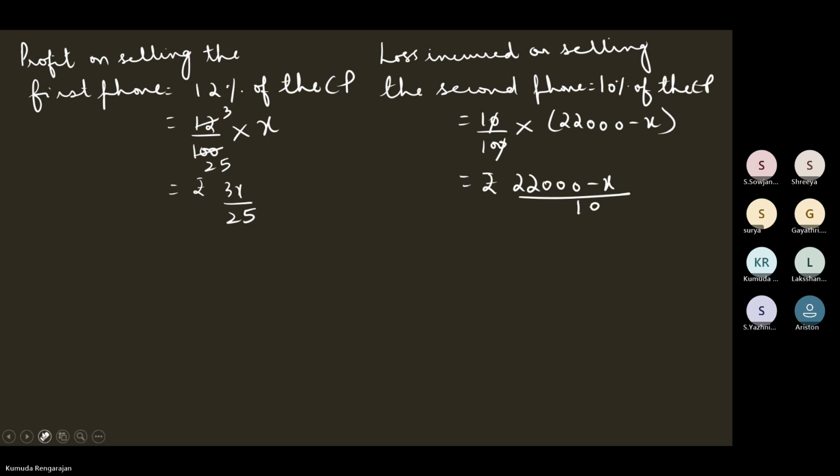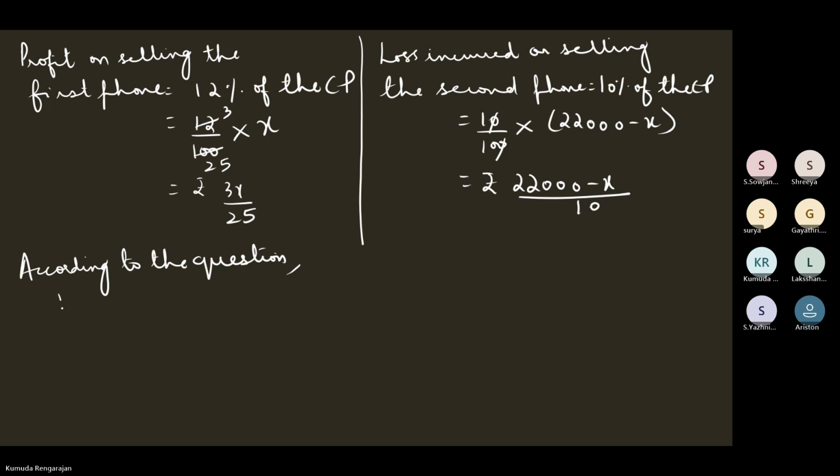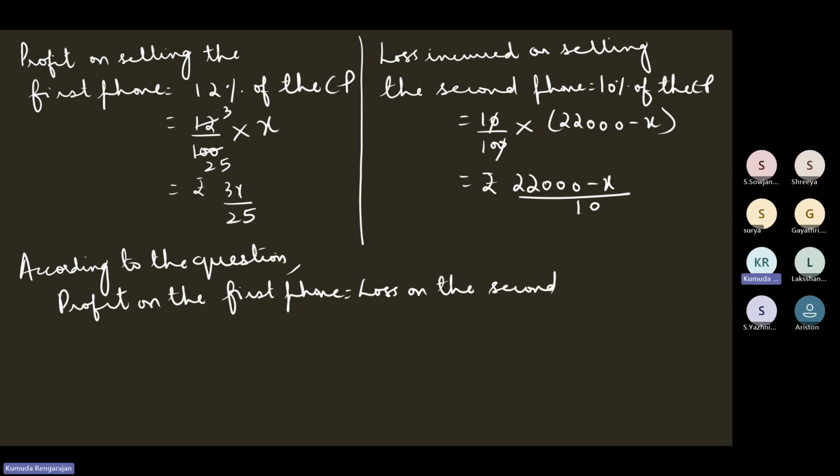So no profit, no loss means, according to the question, profit on the first phone is equal to the loss on the second phone. Now this is a linear equation.